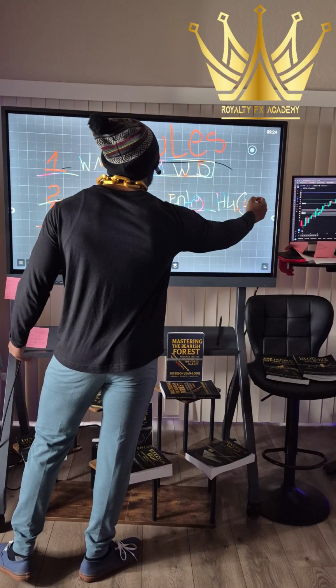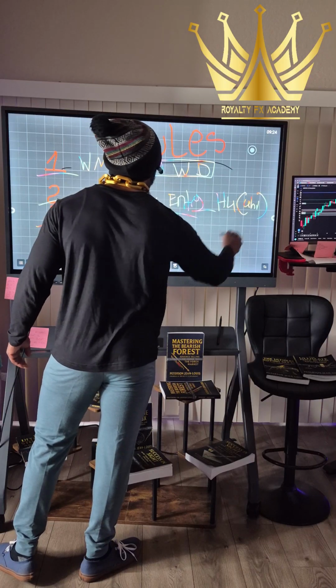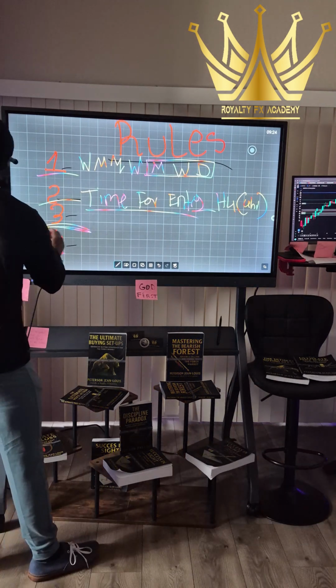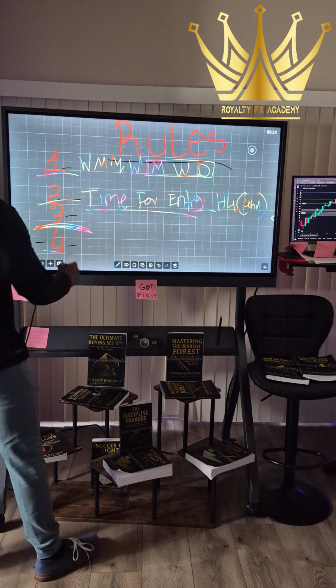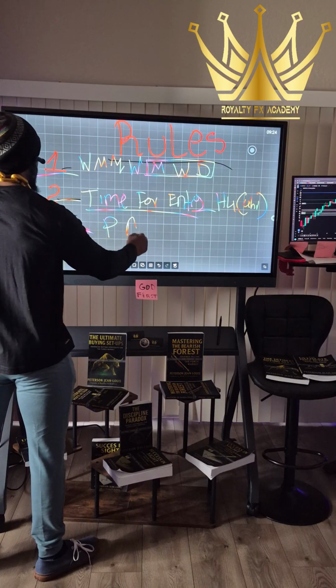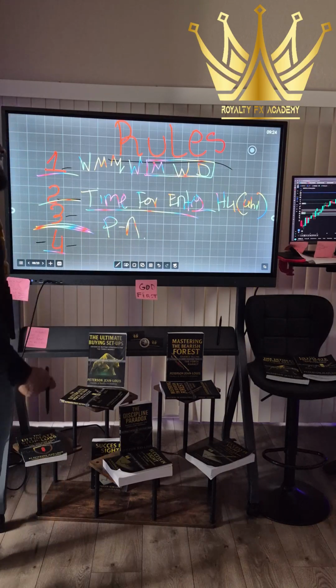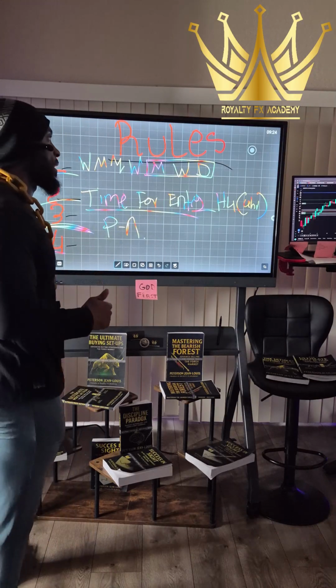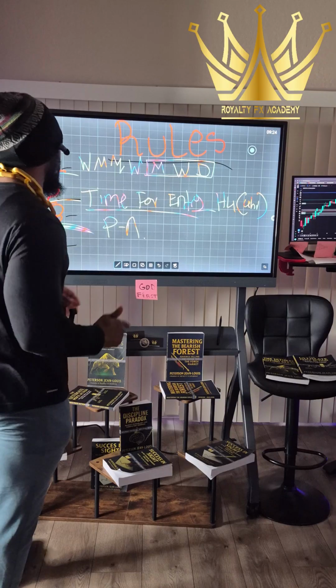I'm saying the same thing, just different lingo. And then rule number three goes hand in hand with rule number two. That is your PA. What do I mean by PA? I am talking about your price action: the specific two, three, four, five candles the market will always give you before it buys up.